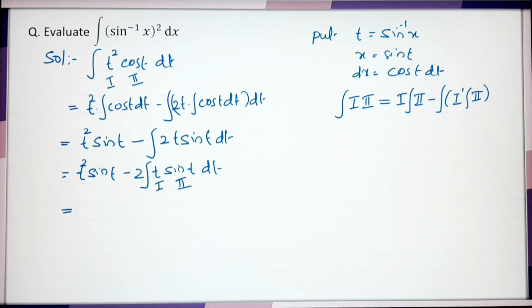So the next step is equal to t square sin t minus 2 into first function into integral of second function, that is integral of sin t dt, minus integral of derivative of first function. So derivative of t is 1 into integral of sin t dt.